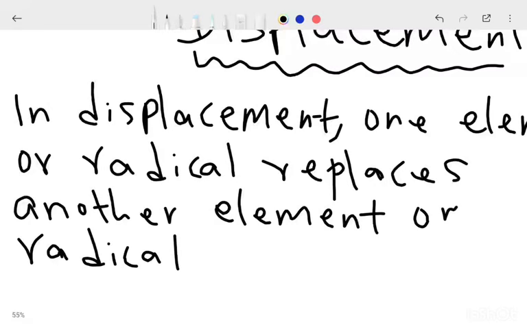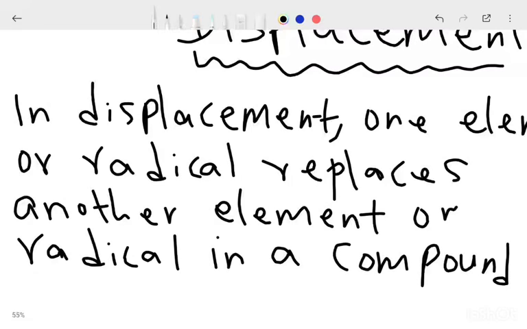In a compound. In the aspect of displacement reaction, one element will what? Replace the other one. From the word replace, to replace something. Are you getting it? Like in a church, when someone is playing drums and this person is not too good, you replace him because the other person is better.